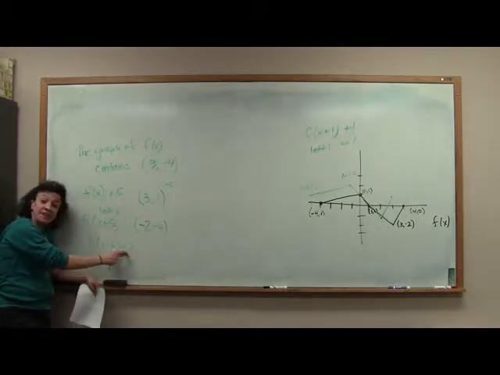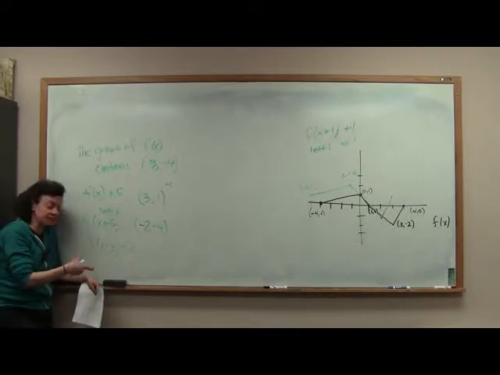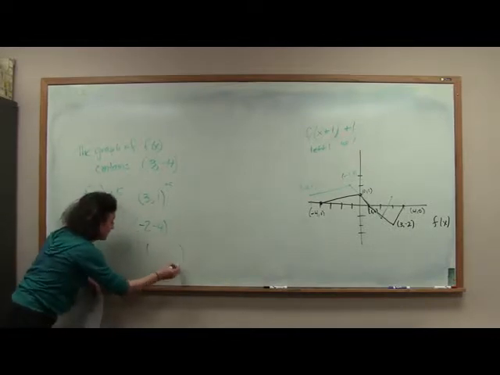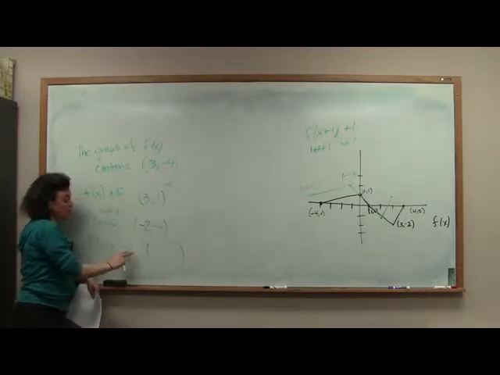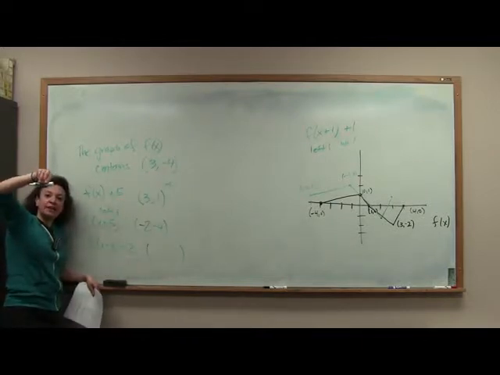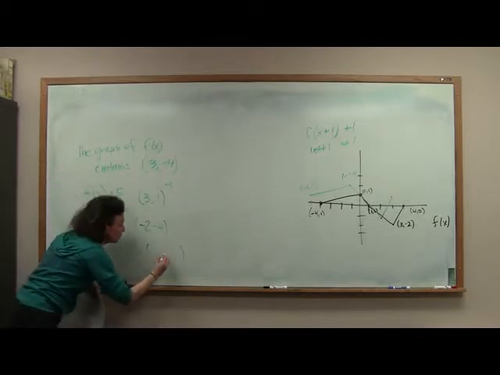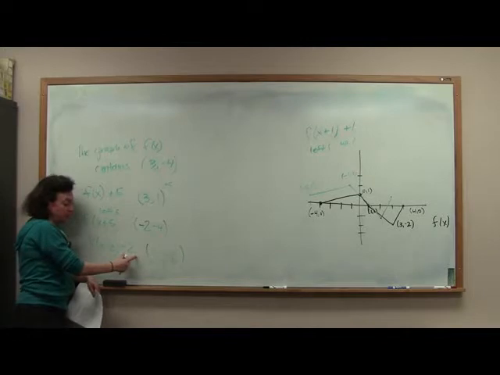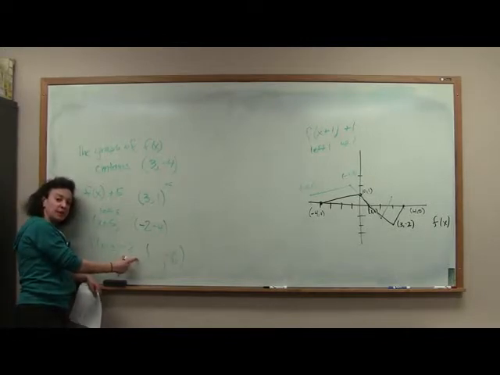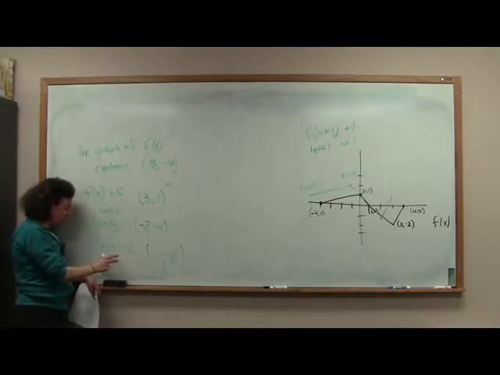Notice this is changing both values, okay? So let's do our y value first. We're taking our graph and we're moving them down 2. So if we're at -4 and we go down 2, we're down at -6. Okay, so keep in mind that when you move out here, that changes your y value.